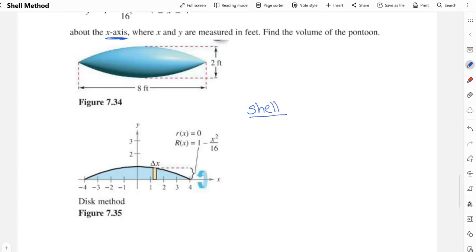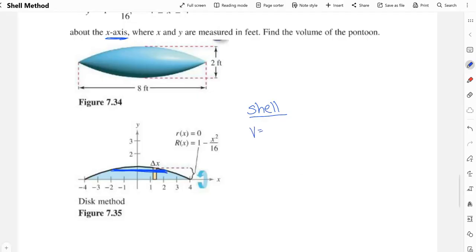So let's say we set this up with shell. If I set this up with shell, I would want all of my shells to be parallel to the axis of revolution. So my shells would actually run this way, because this is my axis of revolution.